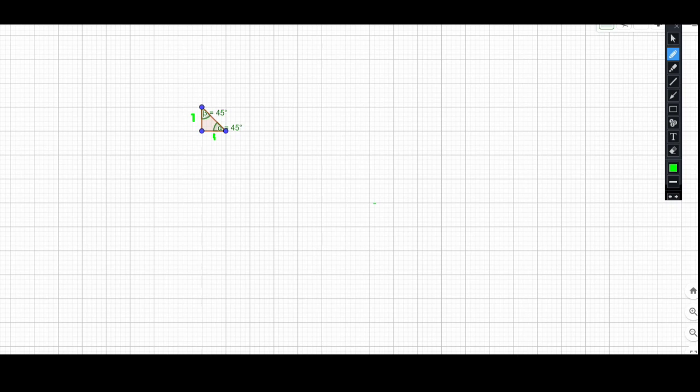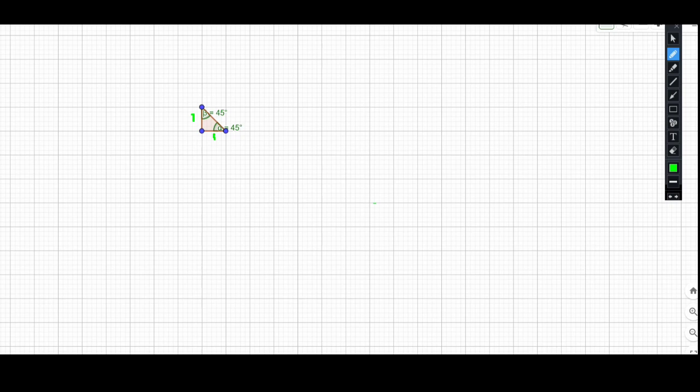What is the Pythagoras Theorem? Base square plus altitude square is equal to hypotenuse square. 1 centimeter is the base, 1 centimeter is the height, and what about the hypotenuse?